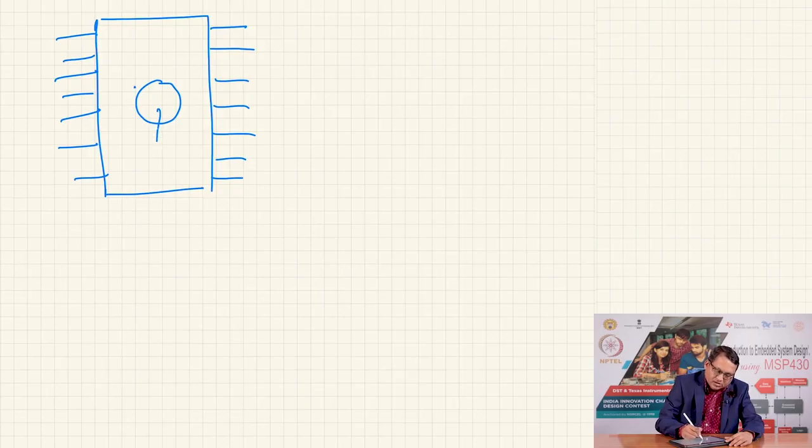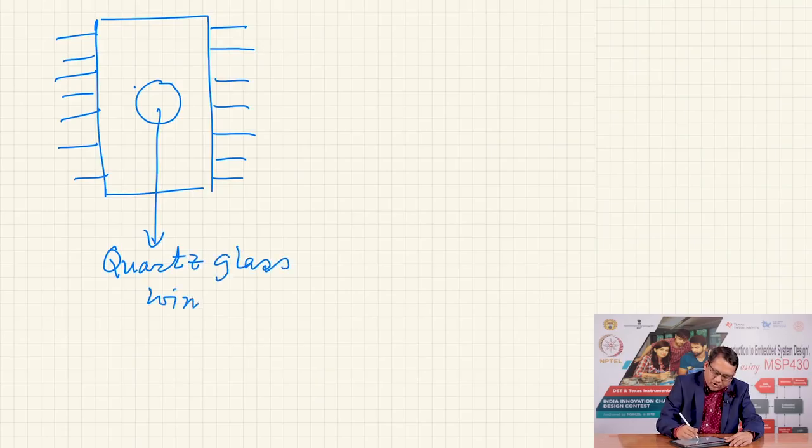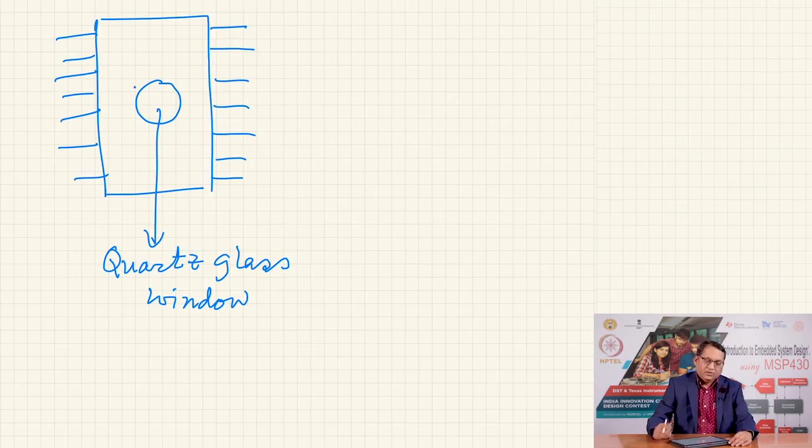This is a quartz glass window. Why quartz? Why not normal glass? Because normal glass absorbs UV light, and so these windows were made out of quartz glass, which is an expensive type of glass, which is why these ICs were also very expensive.